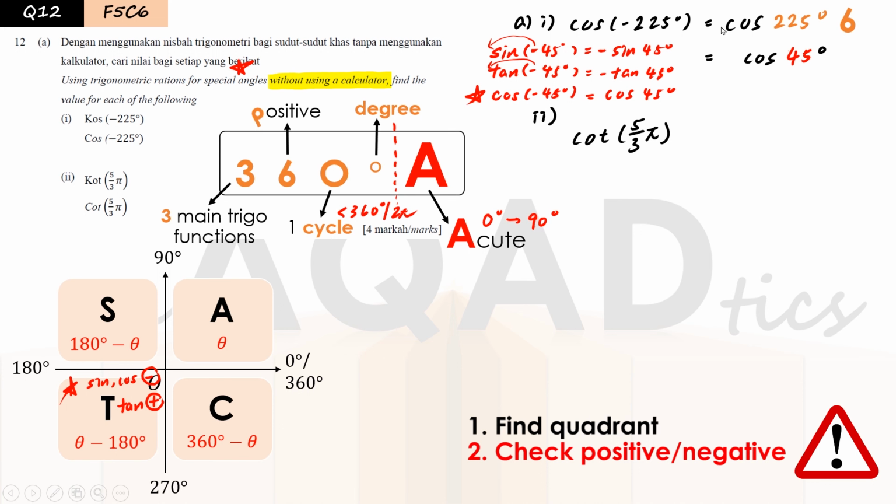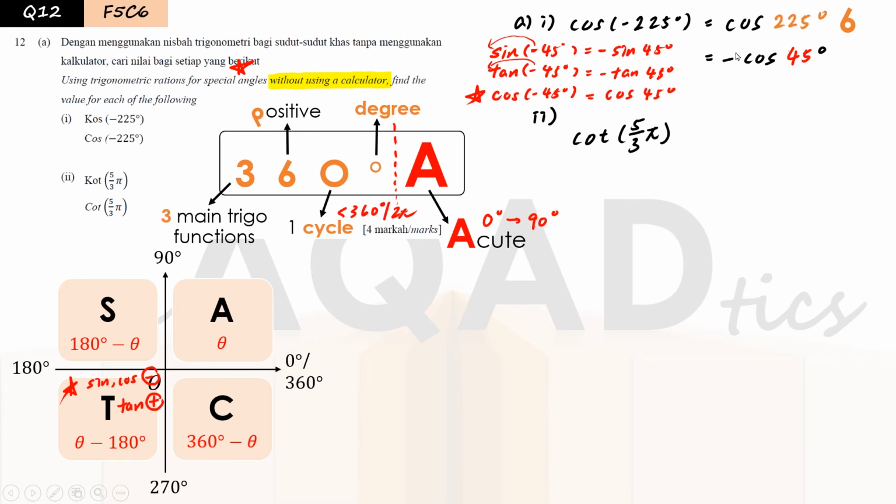Here we have the cos function, which means the value is negative. So we need to add a negative in front because cos 225 in this quadrant is negative. This is how we use the ASTC graph.